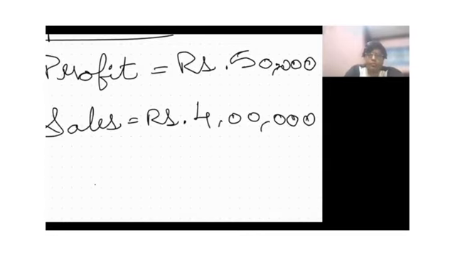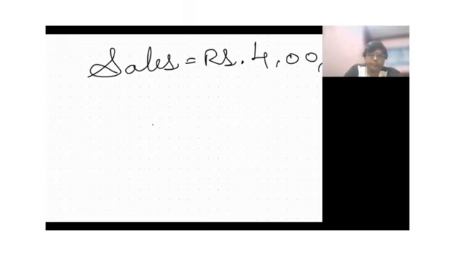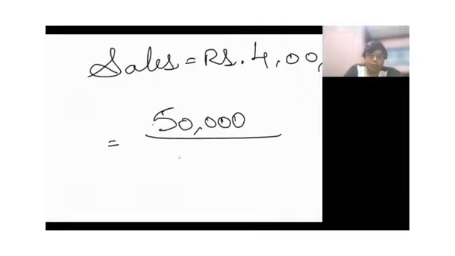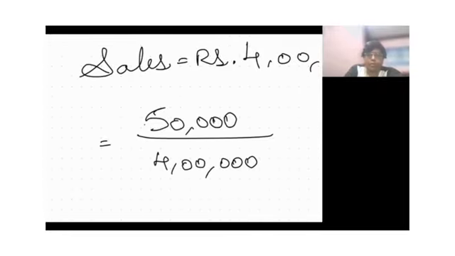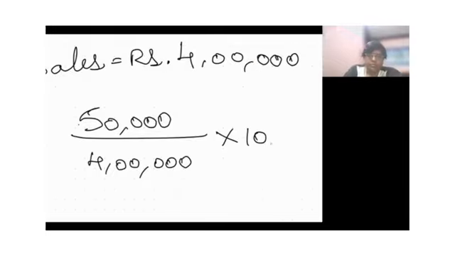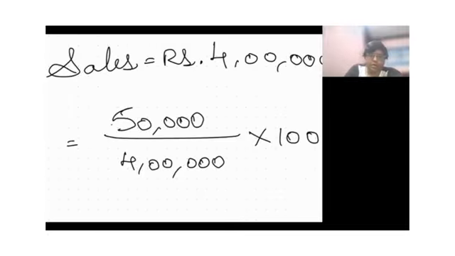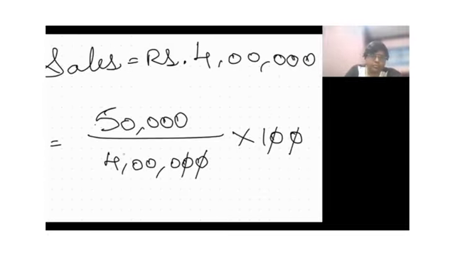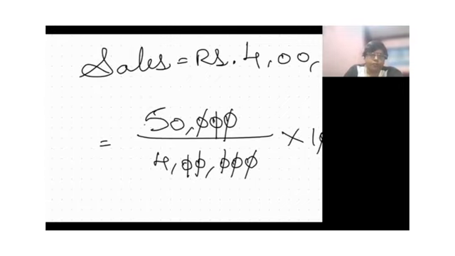So 50,000 divided by 4 lakhs into 100. So as usual, we cancel the zeros and 4 comes 1 time and this comes 1, borrowing 1 here 10, so it will be 12.